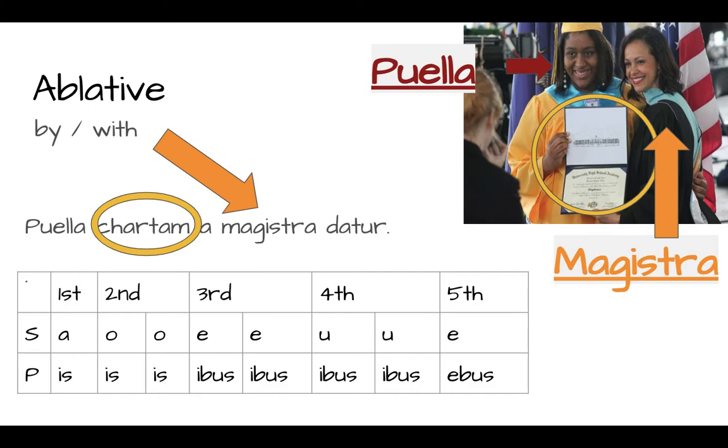Notice that we have an a with it, and a is one of your prepositions. So level ones from 2020, you probably hopefully remember some of your prepositions. So that a is taking the ablative case. All right, and ablative case, if you're feeling a little bit shaky on this one, that's okay.